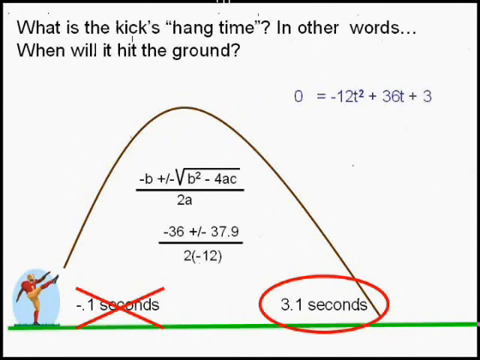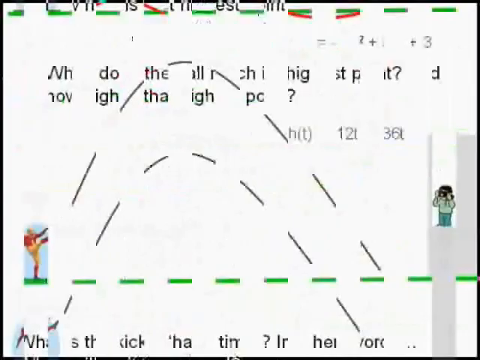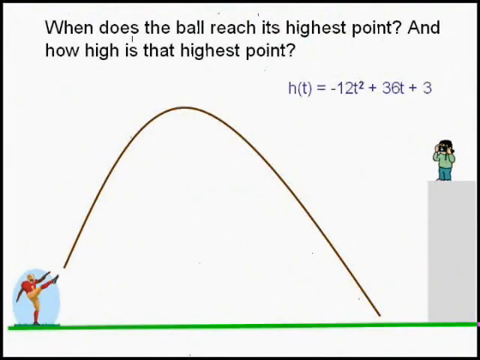Now, one last question. When does the ball reach its highest point? And how high is it at that highest point? We can even find these things out, I hope you appreciate, using the same function. When you see the word highest, we're talking about this area right here.